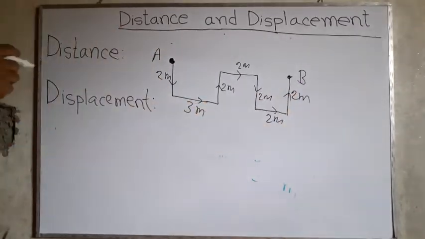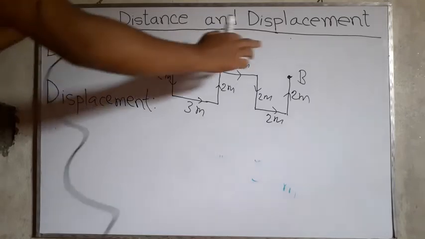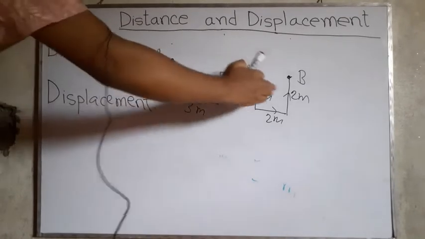The object is moving from A position to B position by following this path.